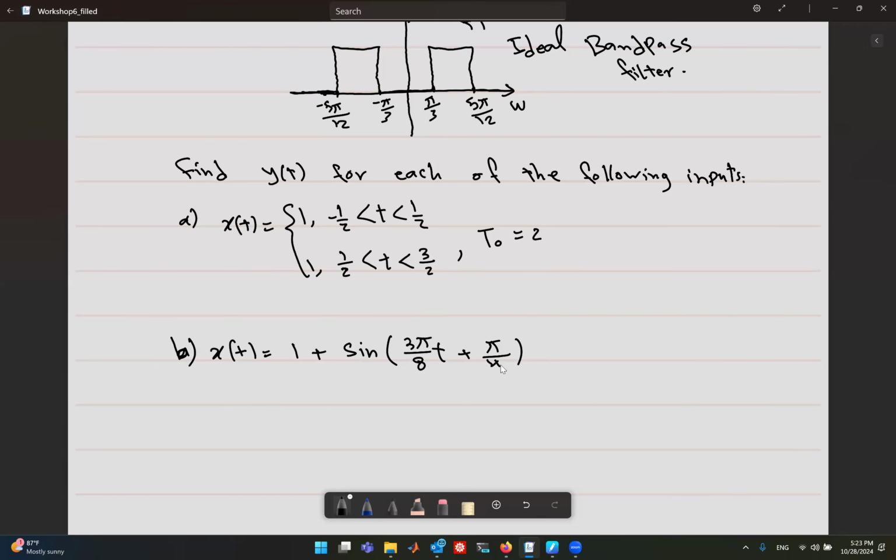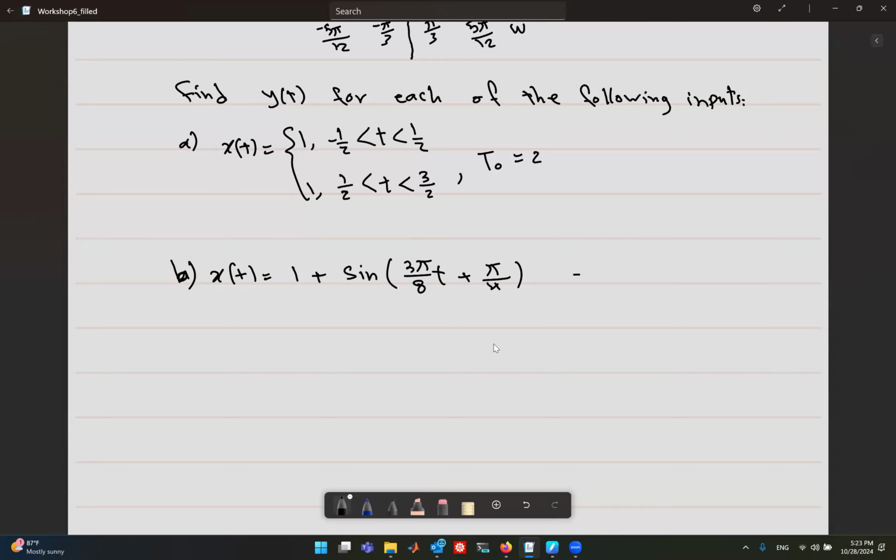What's the frequency of this signal? Shouldn't it be 1 over 2 pi? Here we have sine 3 pi divided by 8 times t.